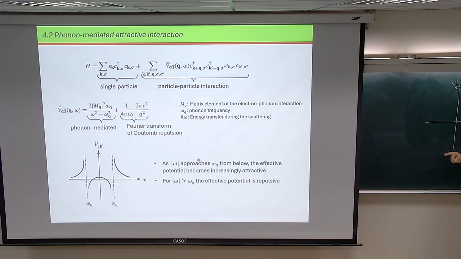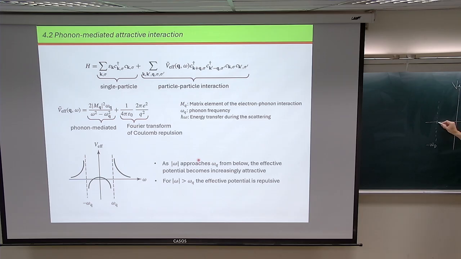Instead of omega_q, which is the frequency of the phonons, and the maximum frequency they can have is the Debye frequency, they put here the Debye frequency, and here minus the Debye frequency. I will just look at the energy in here, because outside it will be repulsive, so I won't have any.